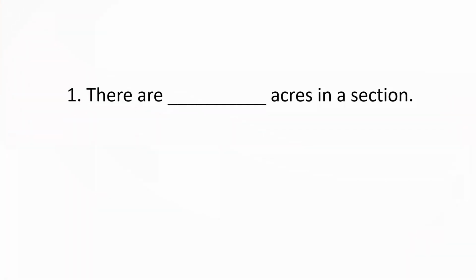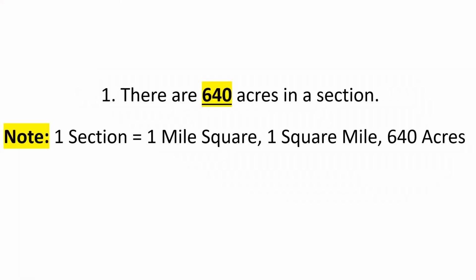Number 1, there are blank acres in a section. Well, there are 640 acres in a section. Keep in mind, a section is 1 mile square or 1 square mile, and it contains 640 acres.